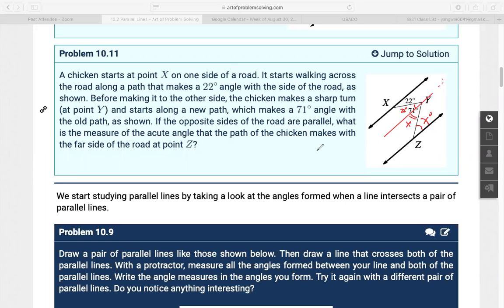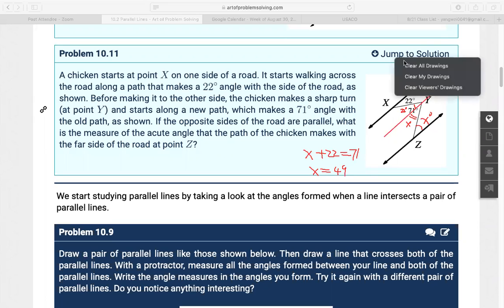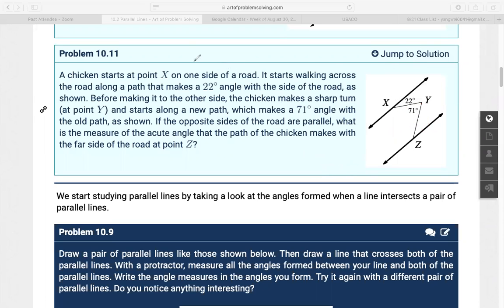That means you have X plus 22 equals 71, right? So this 22 plus this X gives you 71. Then you get X equals 49 degrees. Okay, X equals 49. Very good. Julia also got it correct.